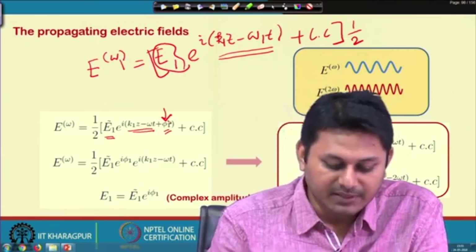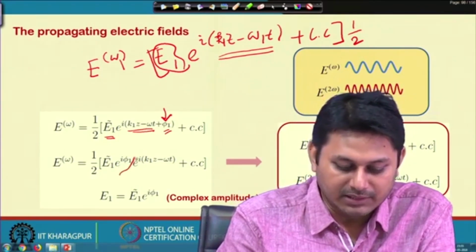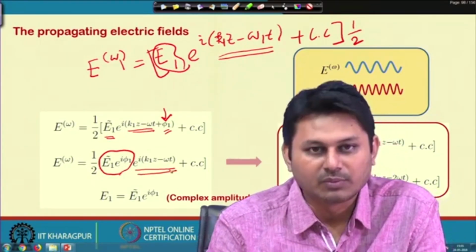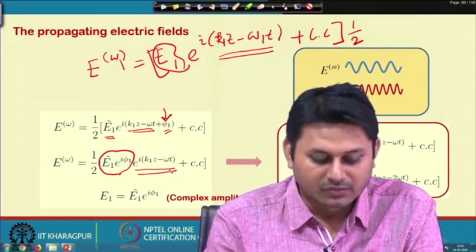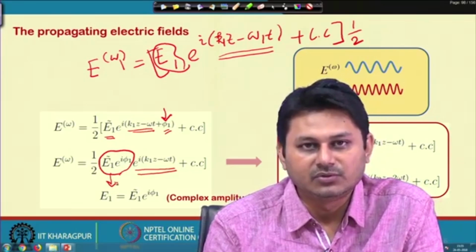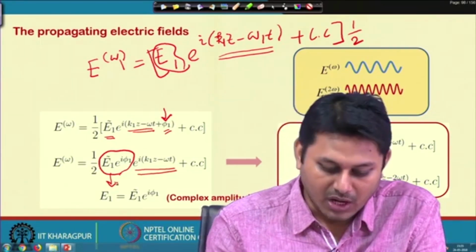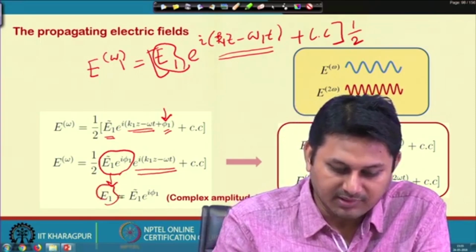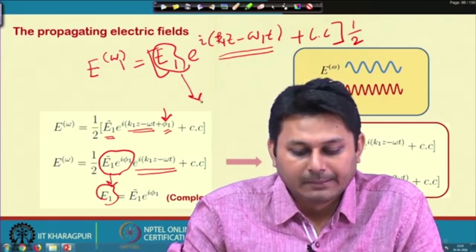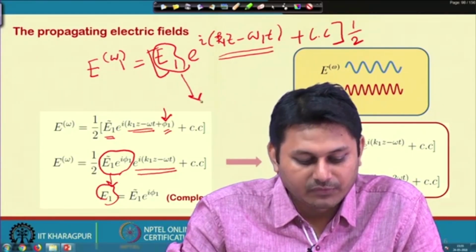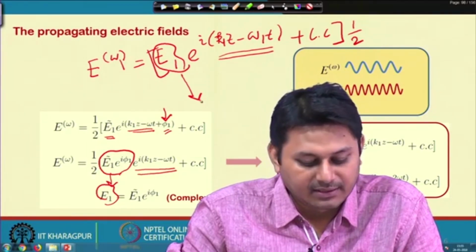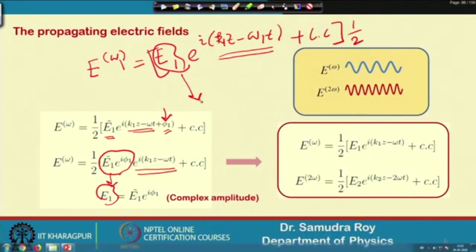This phi 1 can be represented as e to the power i phi 1 multiplied by E1 tilde, and we write only the k1 z minus omega t separately. Then I can write E1 as E1 tilde e to the power i phi 1, so now this is a complex quantity. Normally the amplitude is always a real quantity, but here we absorb the additional phase term to make it more general, and find that the amplitude is now complex in nature.